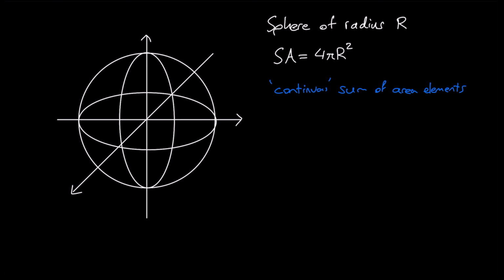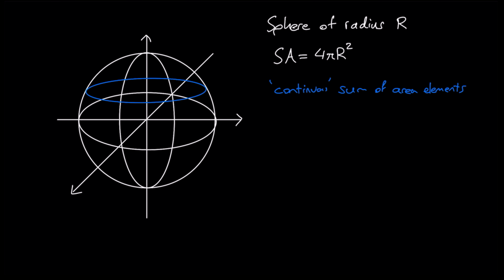So I'll show you again what an area element will look like. So here is my area element. It might be a bit hard to see from the picture, but the idea here is if you imagine a ball, maybe a tennis ball, I've wrapped a rubber band around some part of the tennis ball.